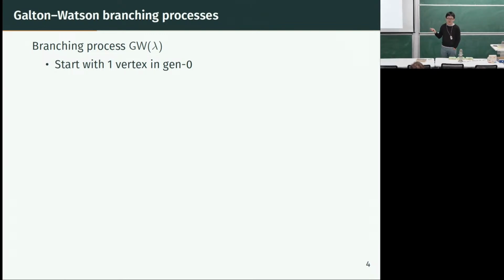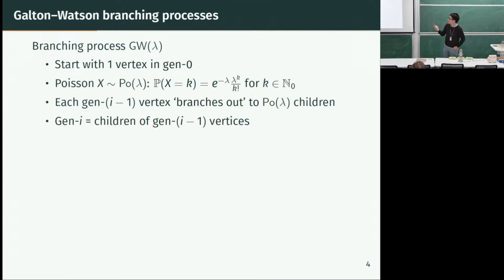So we write GW(lambda) for a branching process which goes as follows. In the original generation 0, we have a single vertex. And the main thing we need to specify when we define branching processes is how you branch out from each vertex. For the purpose of today, we will look at Poisson branching.